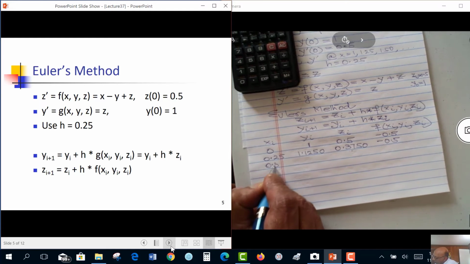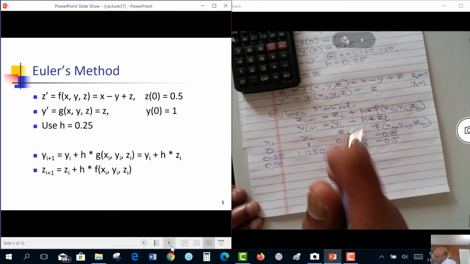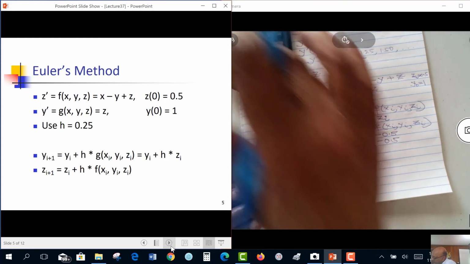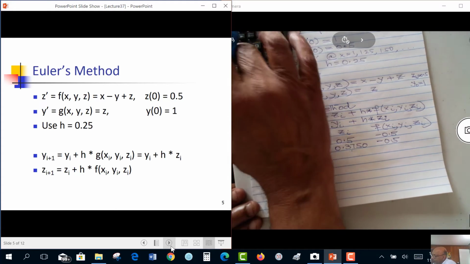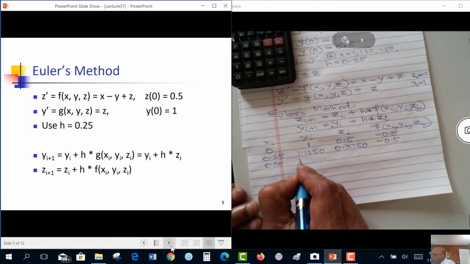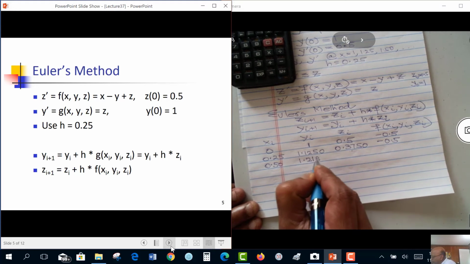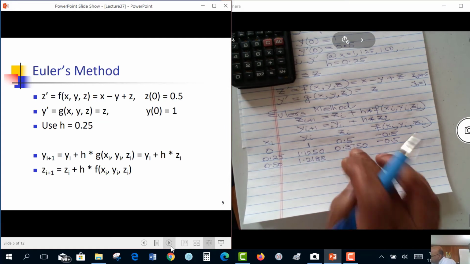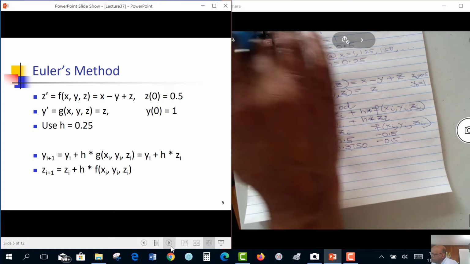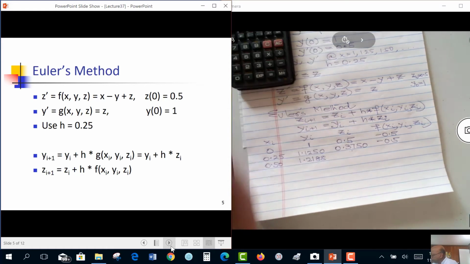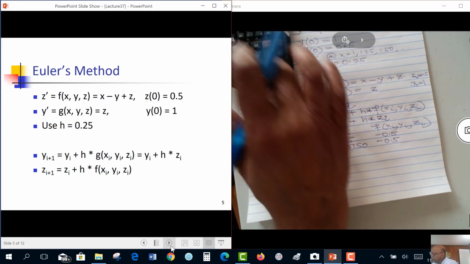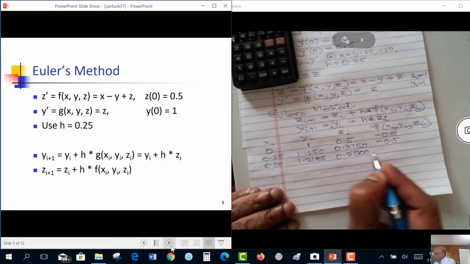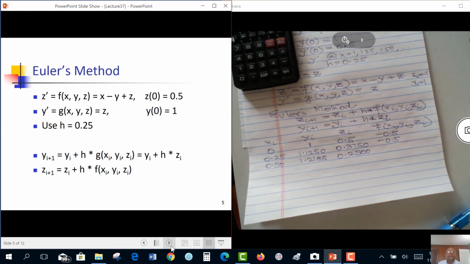So at x equal to 0.50, y is going to be 1.125 plus h times z, 0.375. So I'll get 1.2188. All right, let's calculate z. 0.375 plus 0.25 times negative 0.5. So we'll get 0.2500. So you continue so on and so forth.